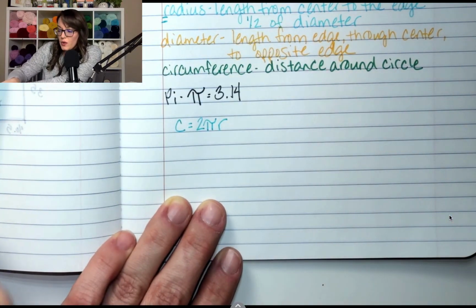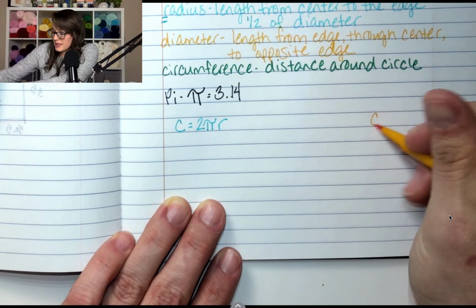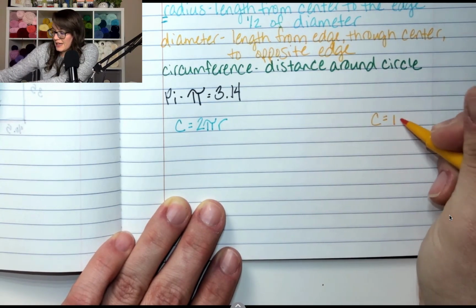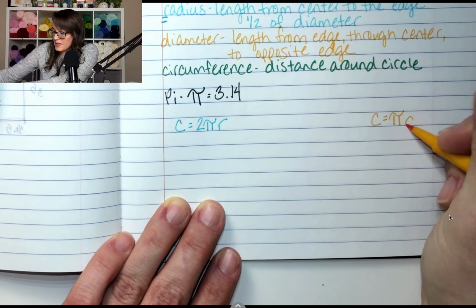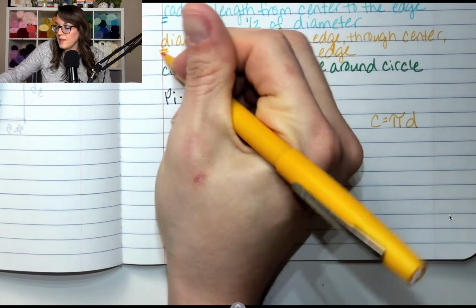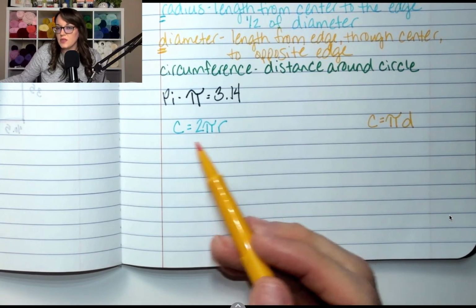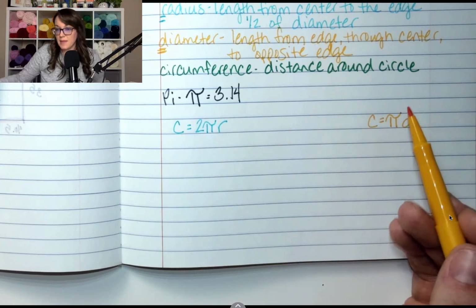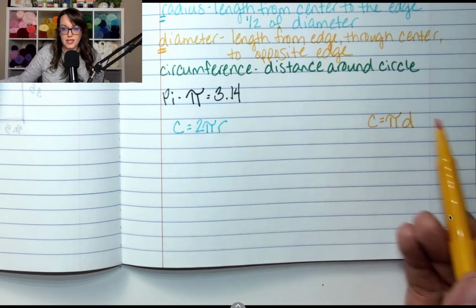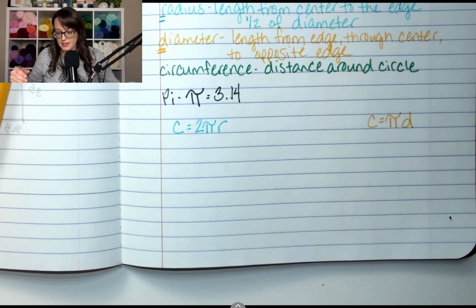When you know the diameter, you're going to use c equals pi times d. D stands for diameter, so 2 times the radius. So double radius is the same as diameter. So these are the same formulas, but just different circumstances.